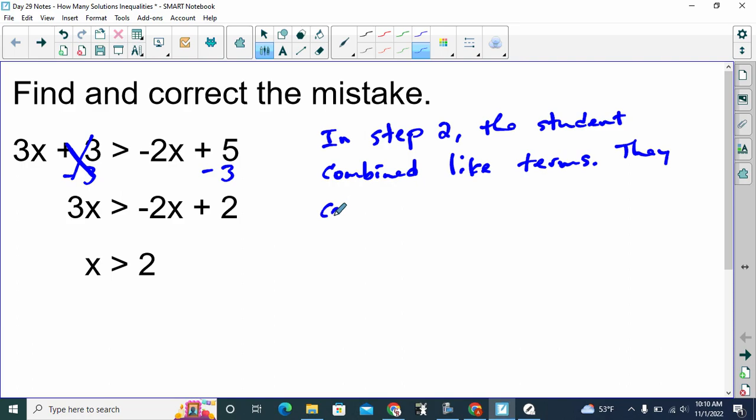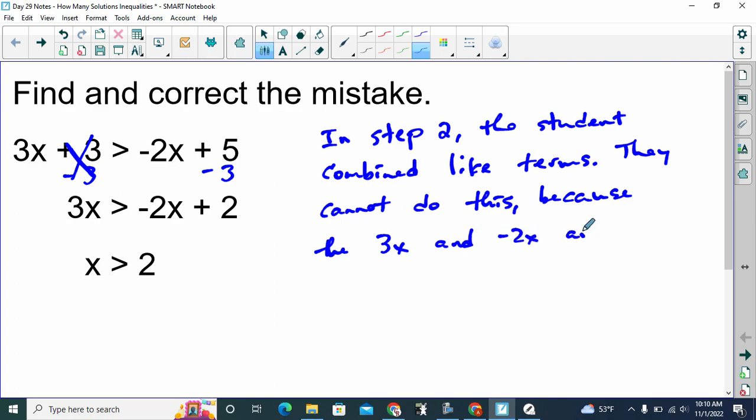They cannot do this, because the 3x and negative 2x are not on the same side.